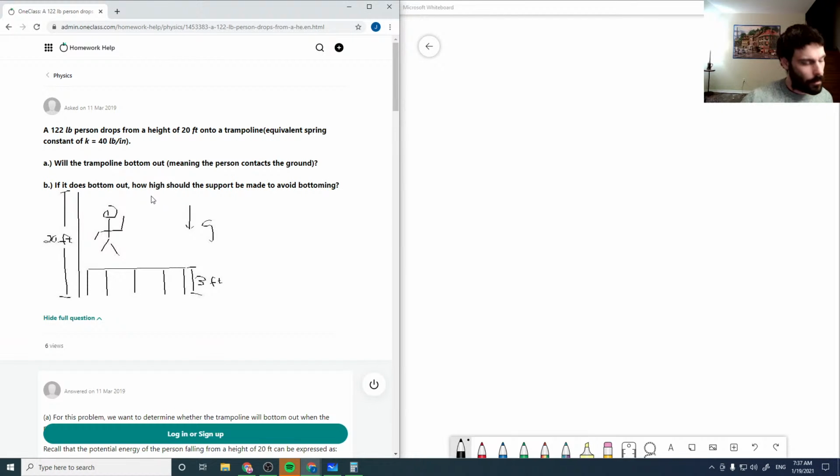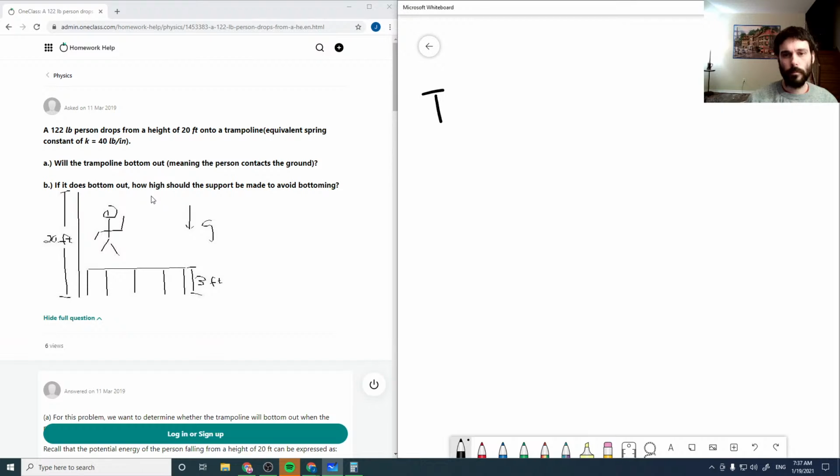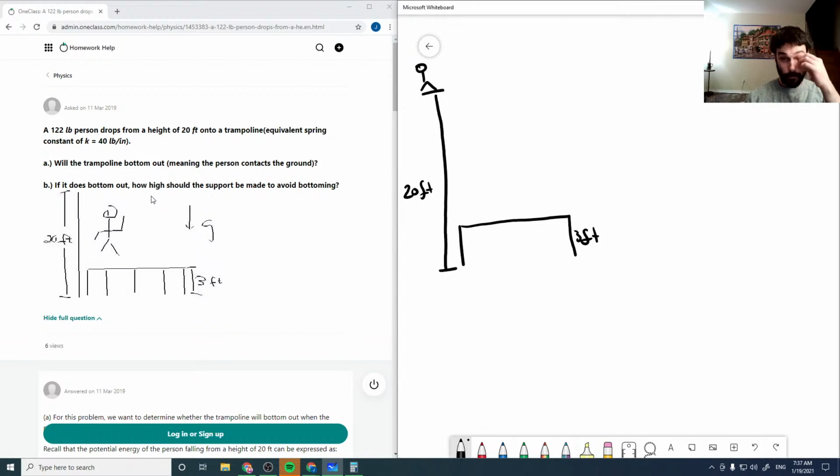All right. So now we have a 122-pound person dropping from a height of 20 feet onto a 3 feet tall trampoline, and it wants to know what distance this moves.